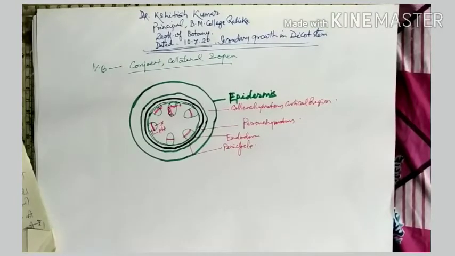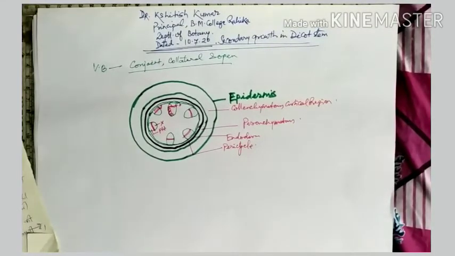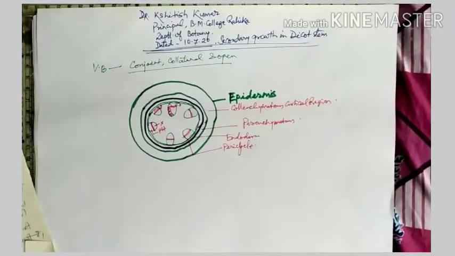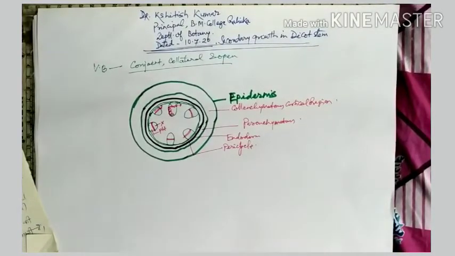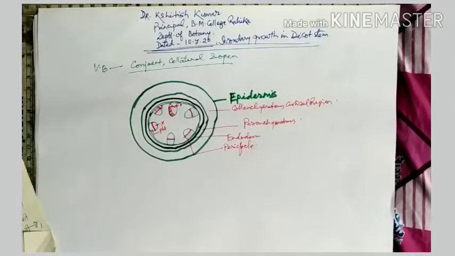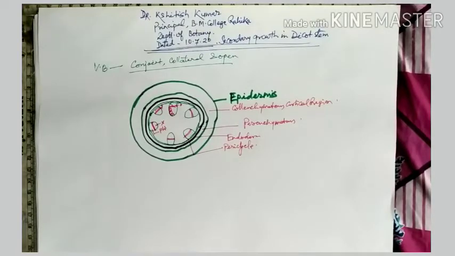So therefore nature has given the dicotyledonous stems and roots a process that leads to the formation of secondary growth. Due to secondary growth the plant increases its breadth in ratio to its length, and therefore it prevents the plant from falling.